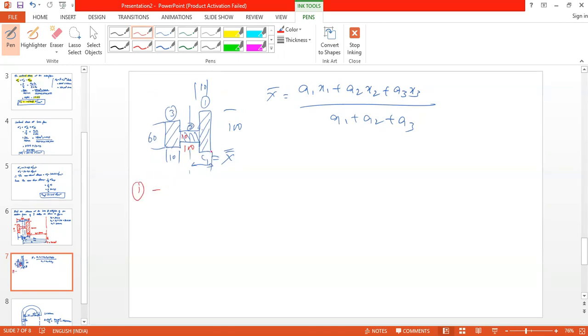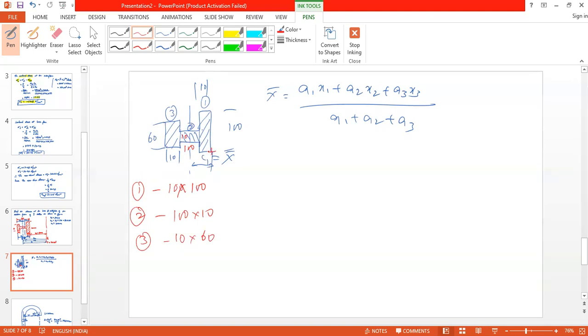So the first section is 10 by 100, the second section is 100 by 10, and the third area is 10 by 60.